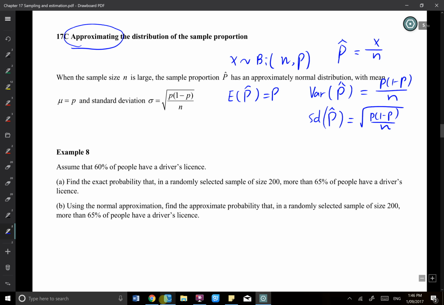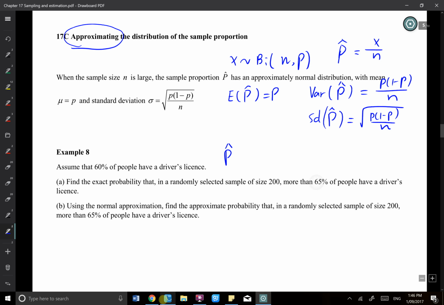I will say when n is large enough. How large? Maybe the products together give you 5 again. The question will tell you whether you should use approximation or not. If they don't say which one you need to use, you use binomial, unless it says use normal approximation, then you use normal. Same as the previous topic.